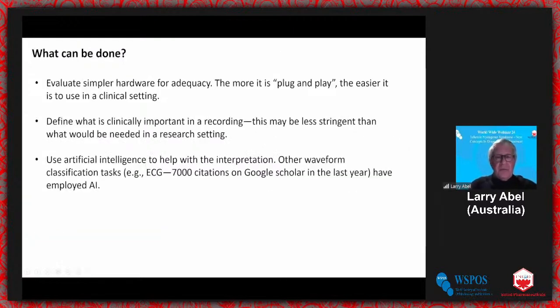Maybe simpler hardware, less programming, more plug and play. And maybe don't do research quality recordings if you don't need that degree of quantification. And maybe use AI. Last year, 7,000 AI and ECG papers were published, none on nystagmus analysis.